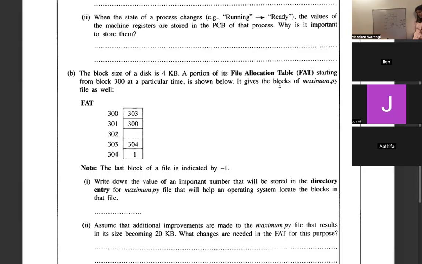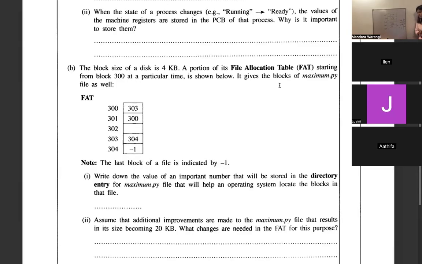Okay. Then the last question of the paper. Assume that additional improvements are made to the maximum.py file that result in its size becoming 20 KB.